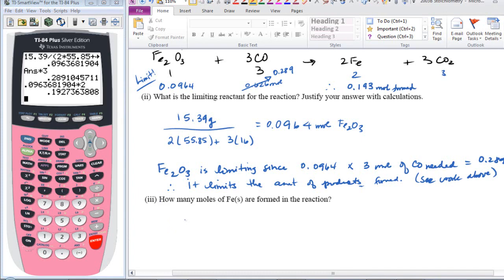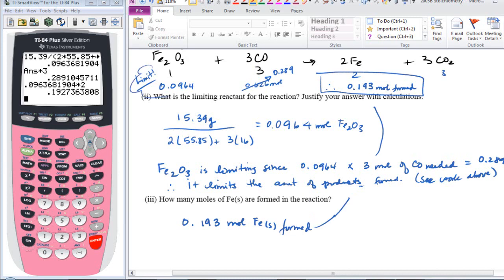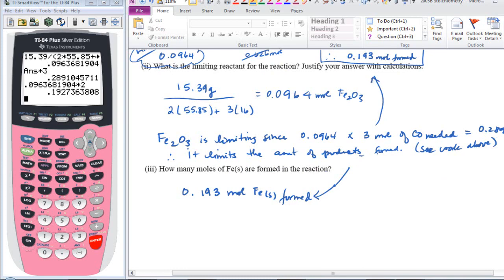So 0.193 moles of Fe formed. And what I would do is draw a little arrow up here and block that off, since this is your limit. Right, so that was worth the point.